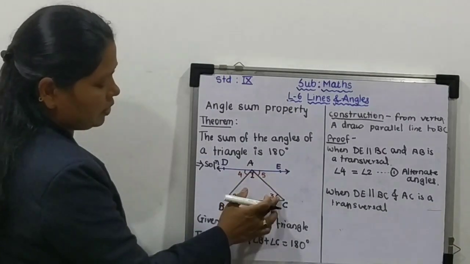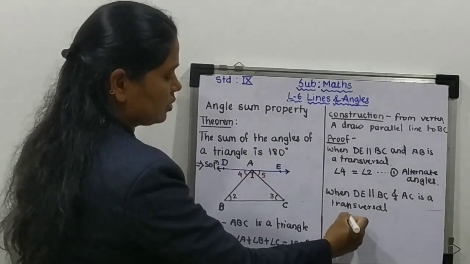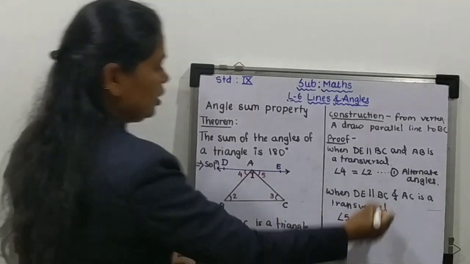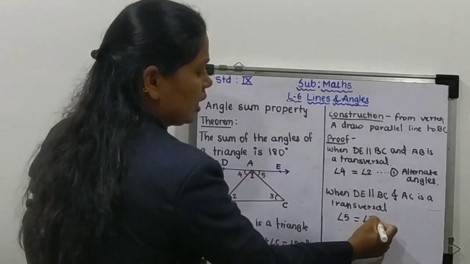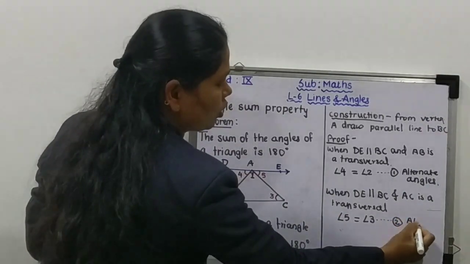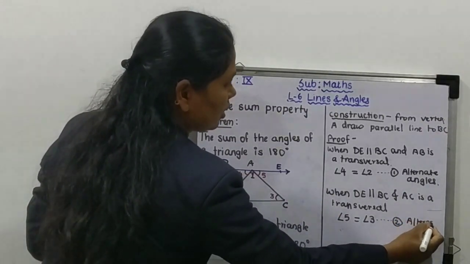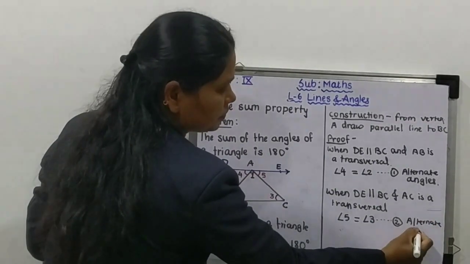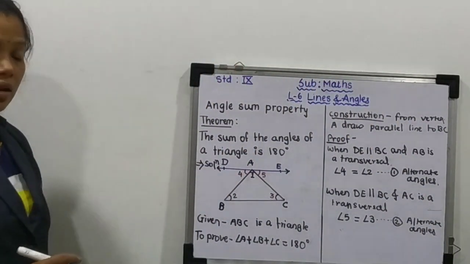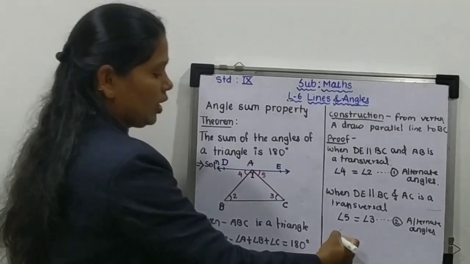Angle 5 equals to angle 3. See, Z shape is formed or not? Angle 5 is equals to angle 3. This is our second statement, and this is also what? Alternate angles. Right?